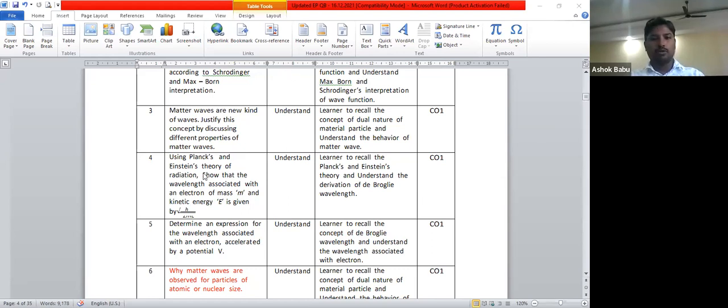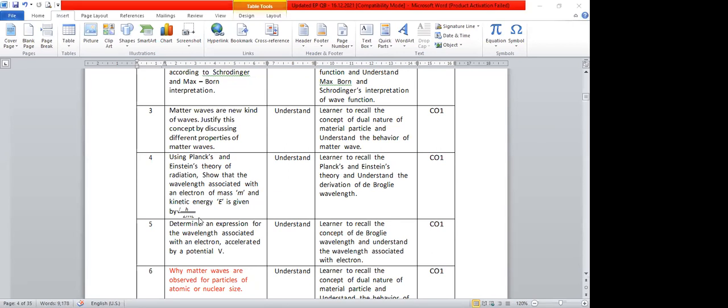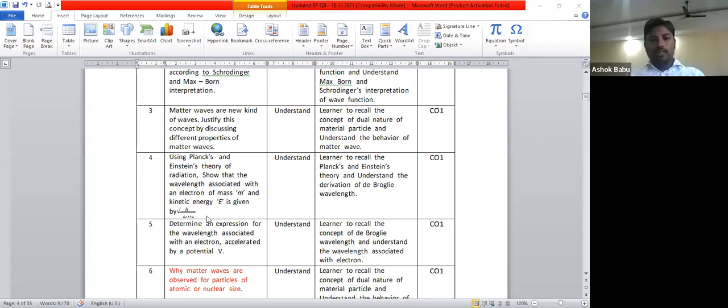In the de Broglie hypothesis, up to the fourth question, we discussed how to derive the equation for the wavelength of matter waves, or the wavelength of the electron, in terms of potential. So how can you determine the expression for the wavelength associated with that electron accelerated by a potential V?